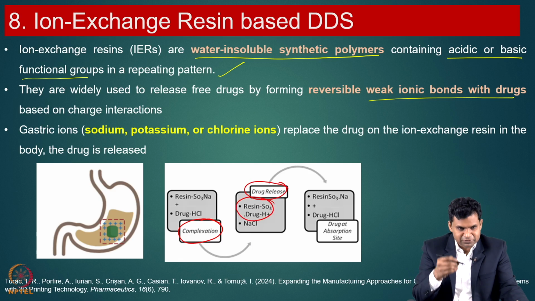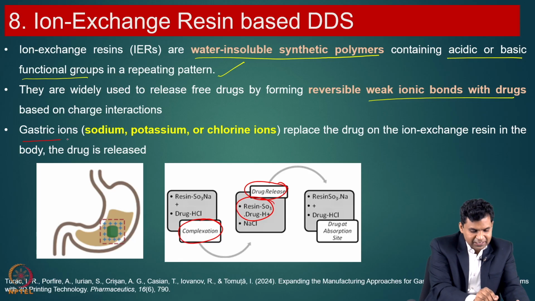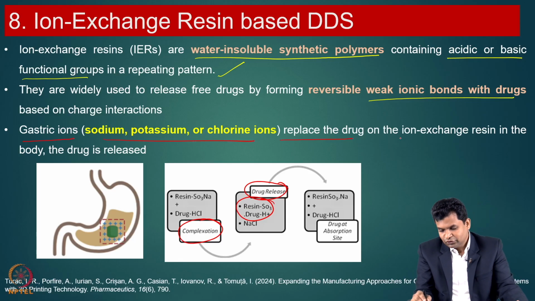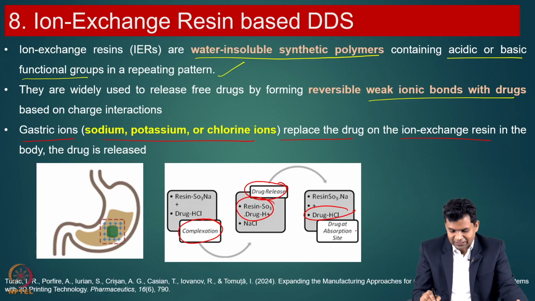After administration, the gastric ions will help in the replacement of your ion exchange resin molecules, and then your drug will be released at the absorption site. So, with this we can make a controlled release of oral drugs, and we can also expect a high gastric residence time.